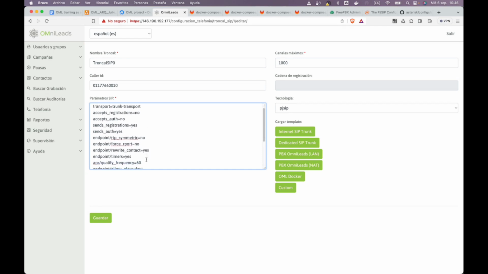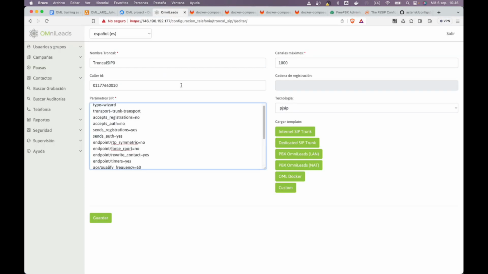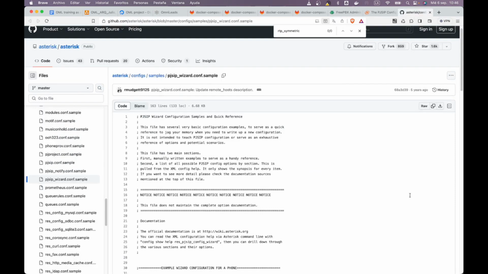Well, then we have, as I say, parameters that I recommend you go to the source for, to what is the configuration of Asterisk. For example, symmetric. This has to do with when there is NAT in between. This can also be searched as PJSIP.